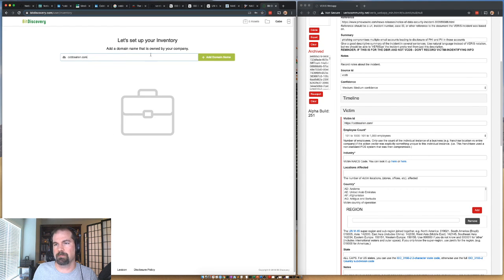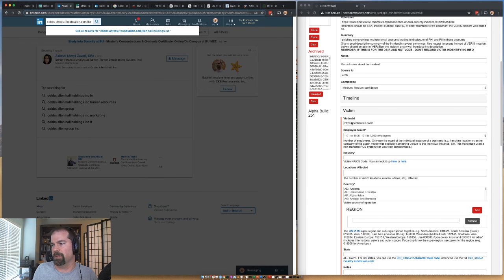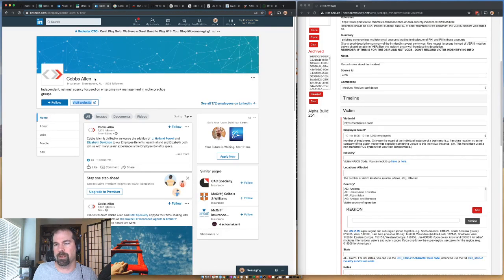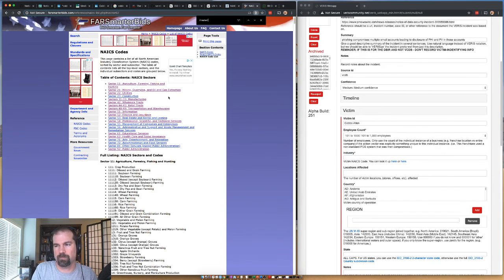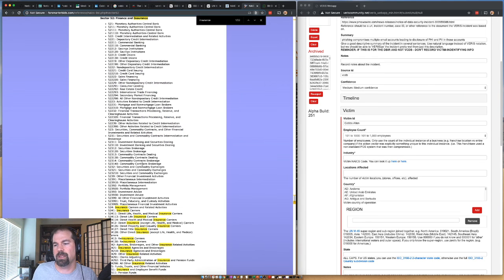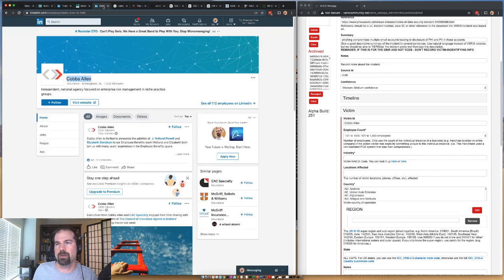I'm going to say Cobbs Allen is really the company behind it, and the holdings thing is just some legal technicalities. So the industry, they're in insurance, financial. It's kind of the bottom half of financial.